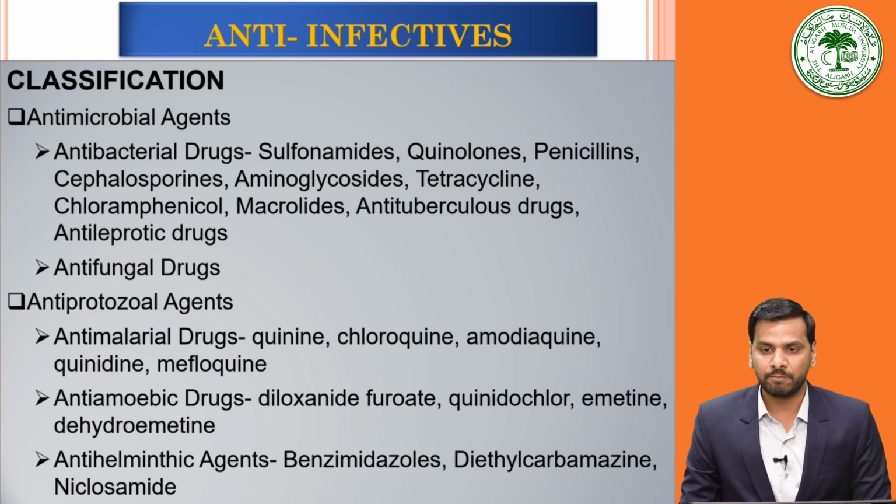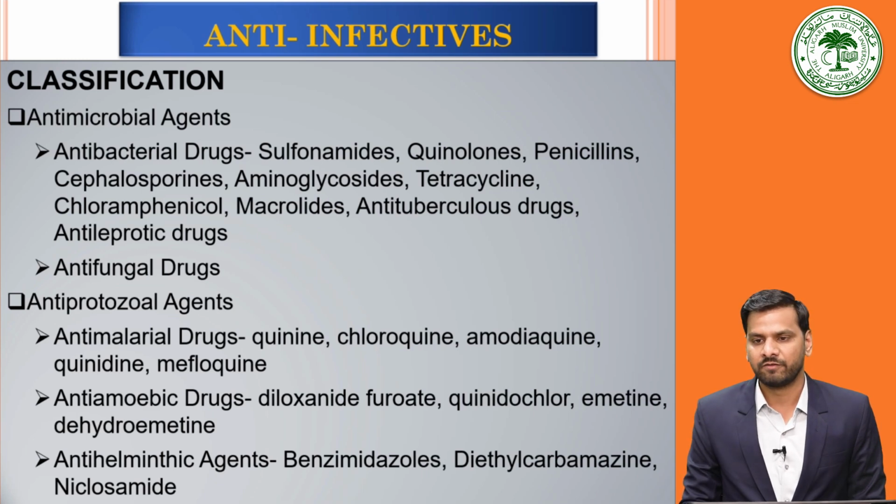Now, in antiprotozoal agents, we have antimalarial drugs such as quinine, chloroquine, amodiaquine, quinidine, and mefloquine. Among antiamoebic drugs, we have diloxanide furoate, quinidochlor, emetine, and dehydroemetine. And if we talk about the anti-helminthic agents, we have benzimidazoles, diethylcarbamazine, and niclosamide.